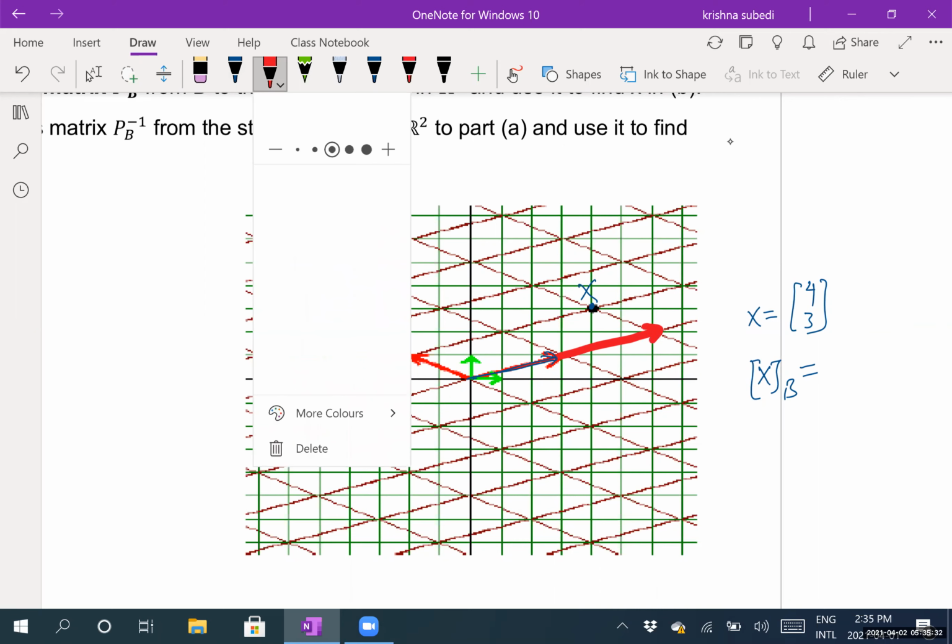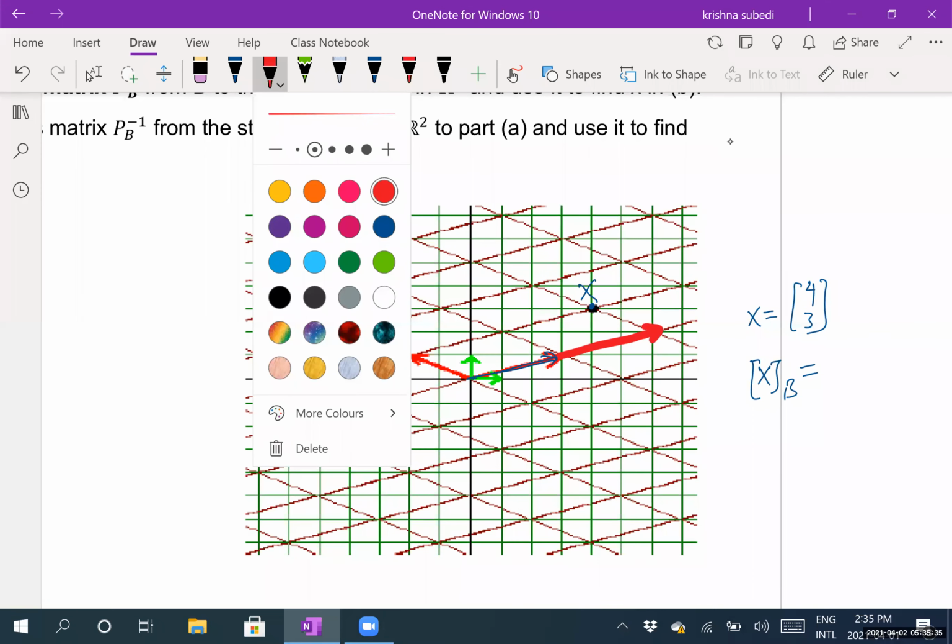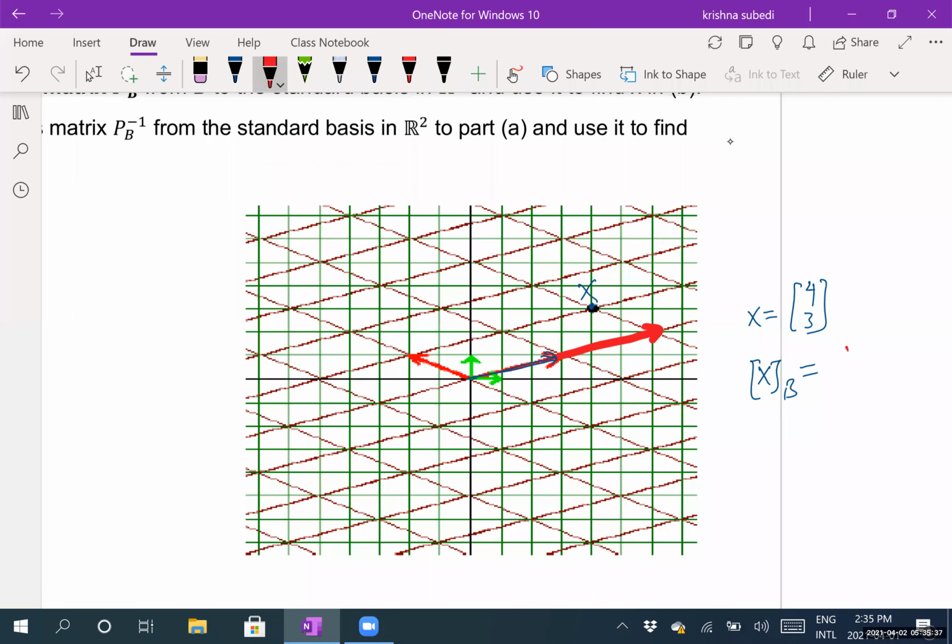So I have 2, and then here this one is 1. So 2 and 1. So the B coordinate of x is 2 and 1.